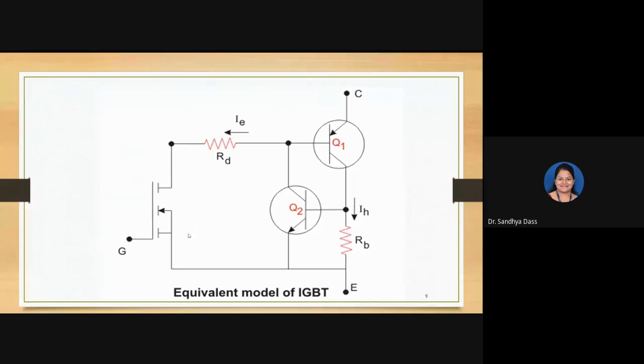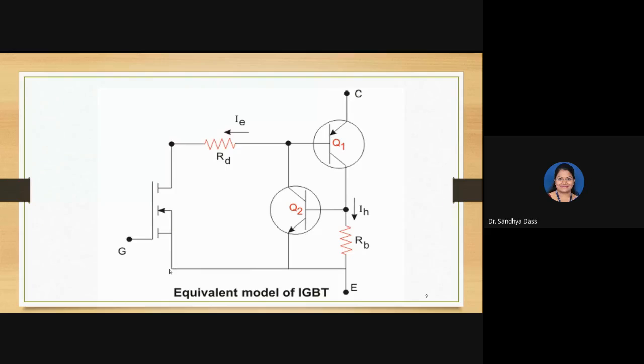Okay, so when you make the gate terminal positive and go on increasing the voltage, there again you have to recall the characteristics of MOSFET. The voltage we apply here with respect to the emitter, I will call VGE. If VGE exceeds some threshold voltage, which I'll call VGET, then after the threshold voltage a channel is formed, which allows the carriers to flow.